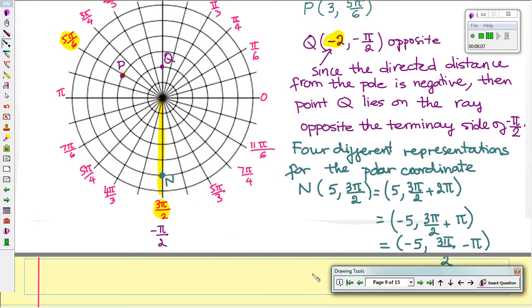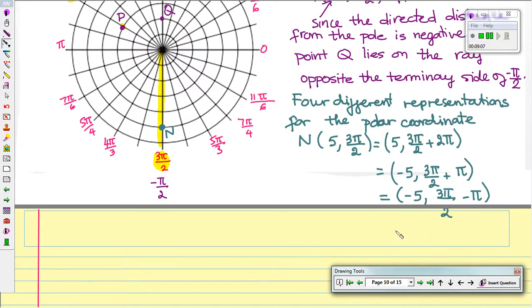Now I'm going to do one last one. How about 5, 3 pi over 2 minus 2 pi.